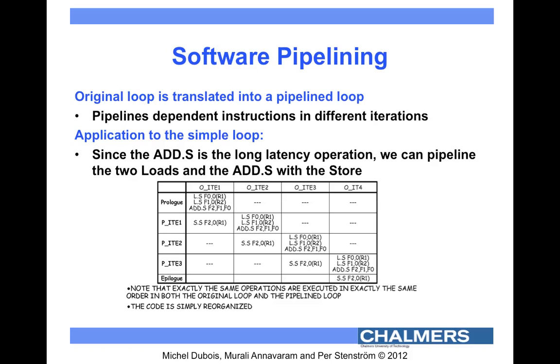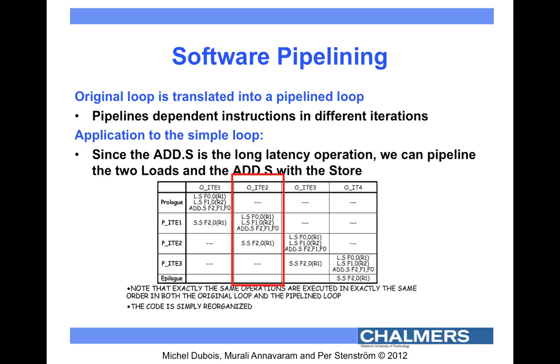So in this diagram, what we see first of all is that the columns correspond to the original iterations. So O underscore ITE1 is the first iteration, O underscore ITE2 is the second iteration, and so on and so forth. So for example, here we can immediately identify the four operations of the core computation, the two loads followed by an add, and followed by a store.